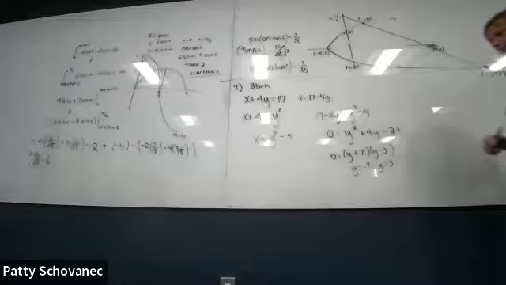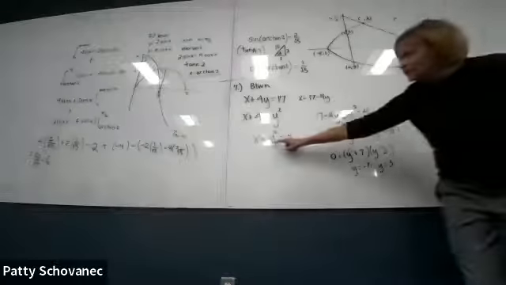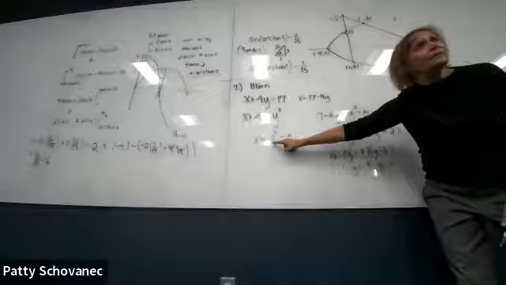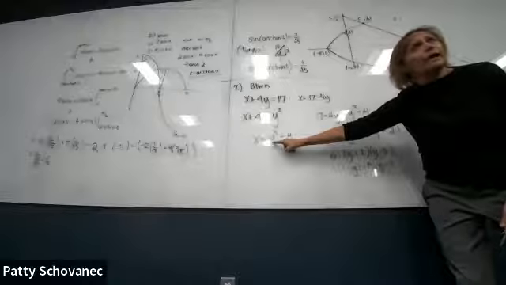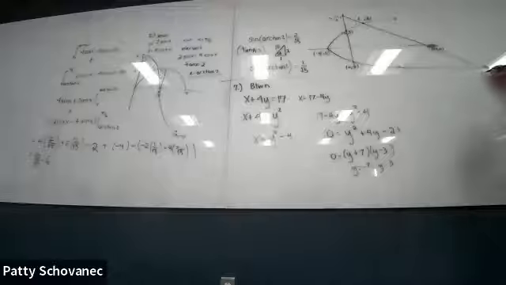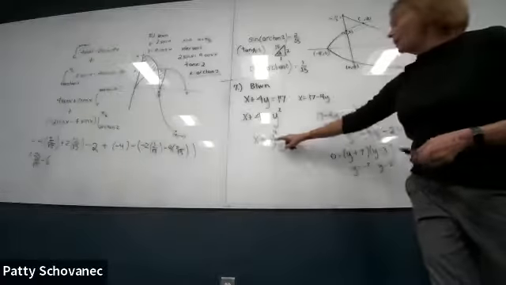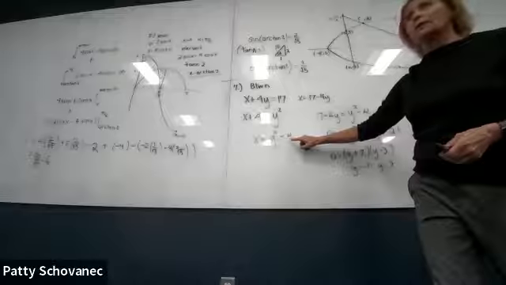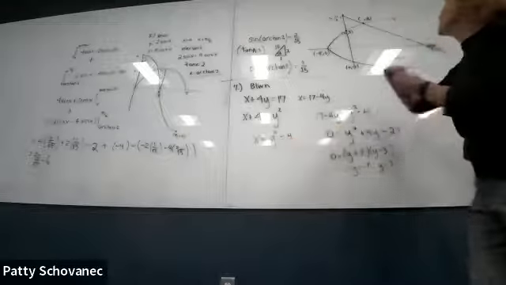Now, let me put -7 in here to get the x. -7 squared is 49. 49 minus 4 gives me x is 45. And now put the 3 in there, 9 minus 4 is 5.